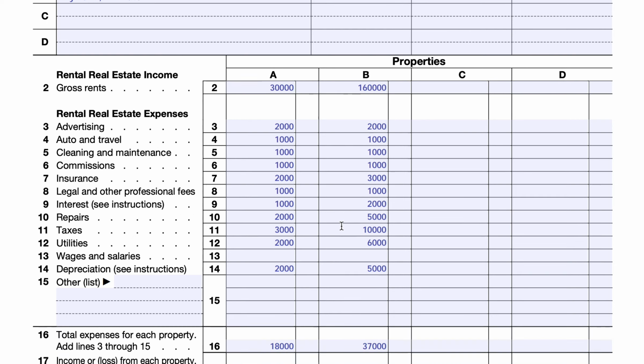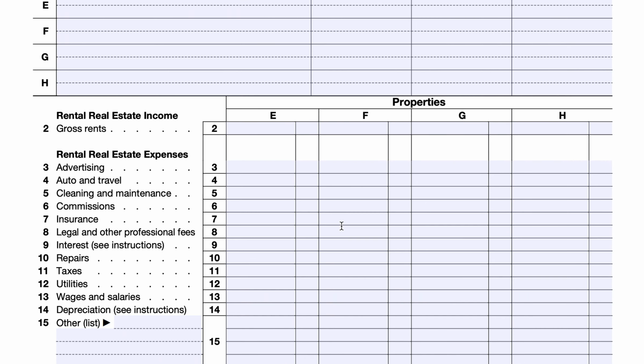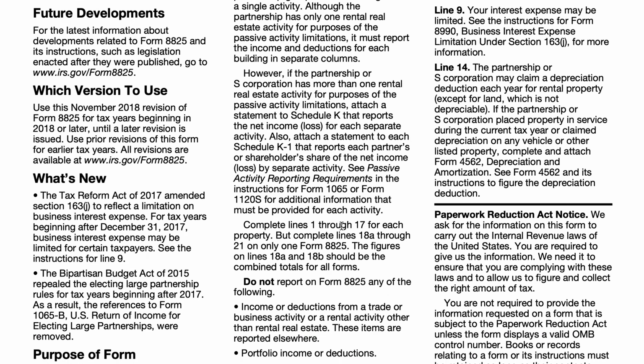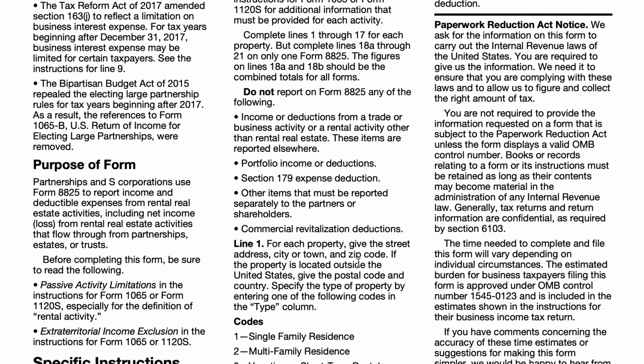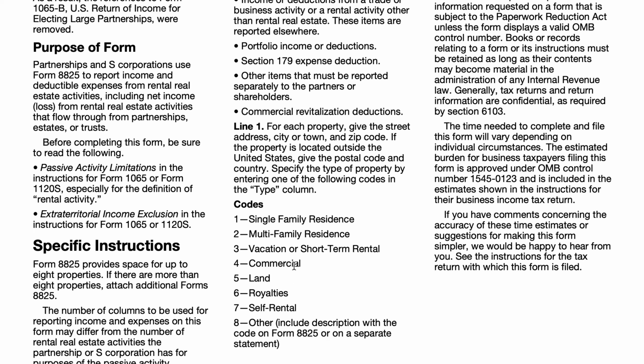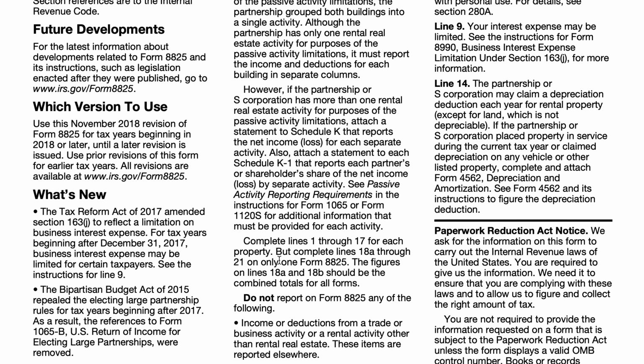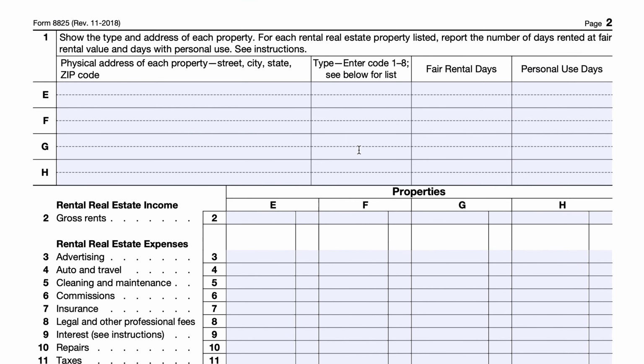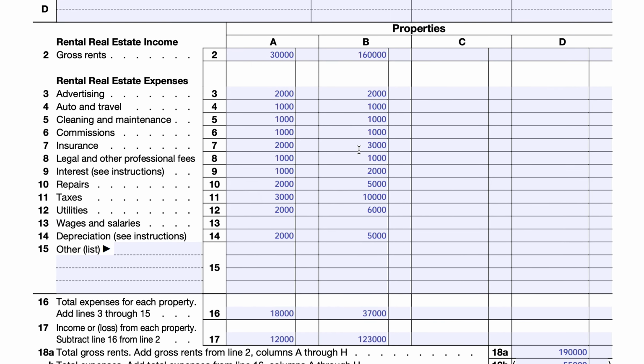There aren't a whole lot of notes in the form instructions. There aren't a lot of specifics. So we went over line 1, which was the type of property. But the only other specific mentions of any other line items would be interest expense deduction on line 9, and then depreciation and amortization on line 14.